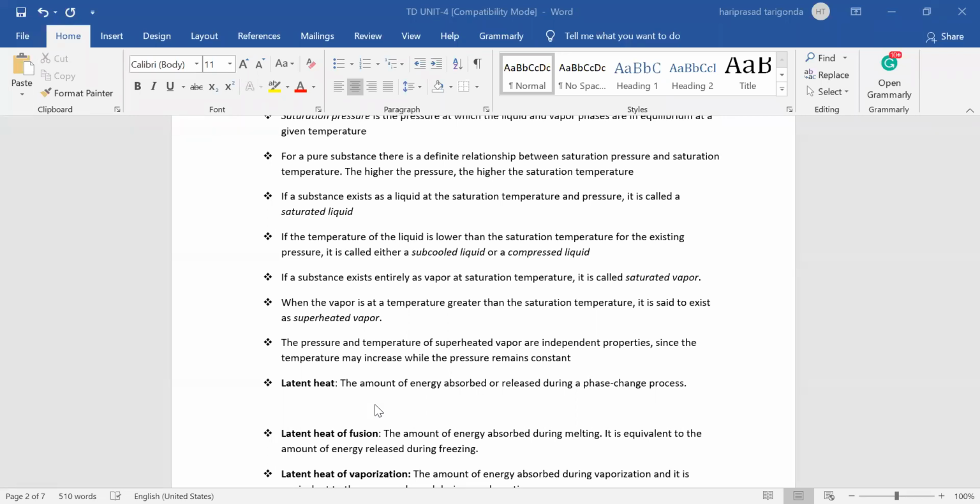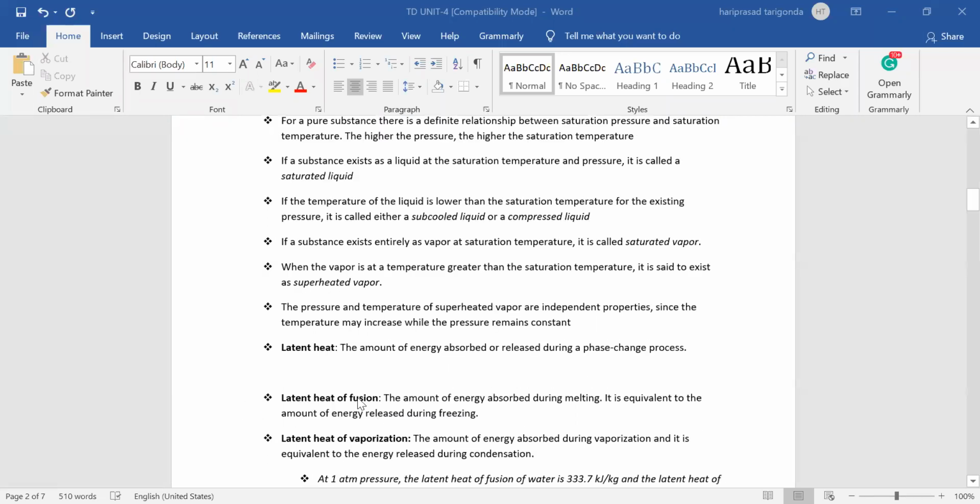So here we are having two kinds. One is latent heat of fusion, and the next one is latent heat of vaporization. So we will see what is meant by latent heat of fusion. Latent heat of fusion is nothing but the amount of energy absorbed during melting, or it is also equivalent to the amount of energy released during freezing.